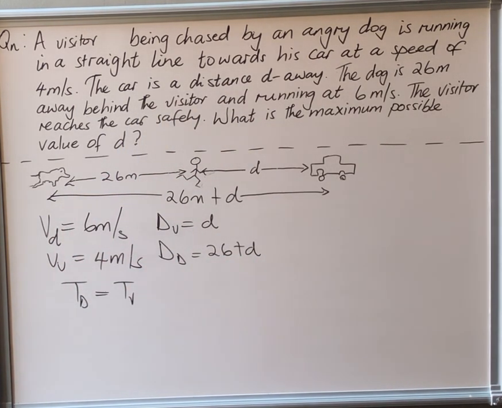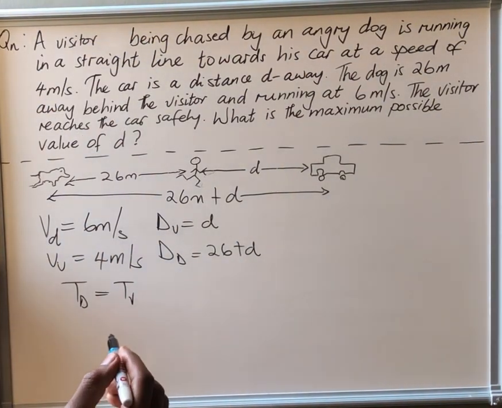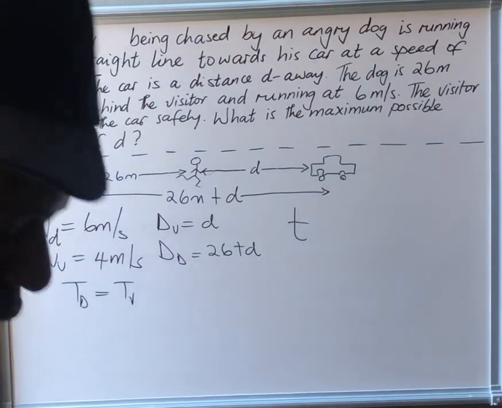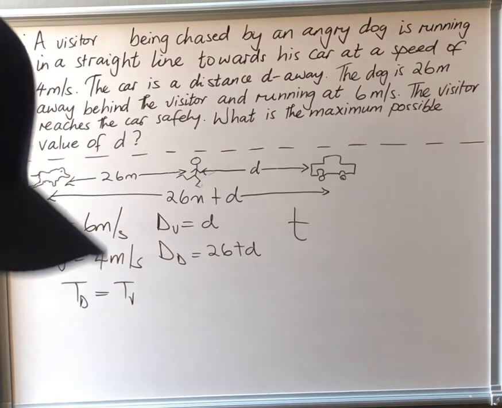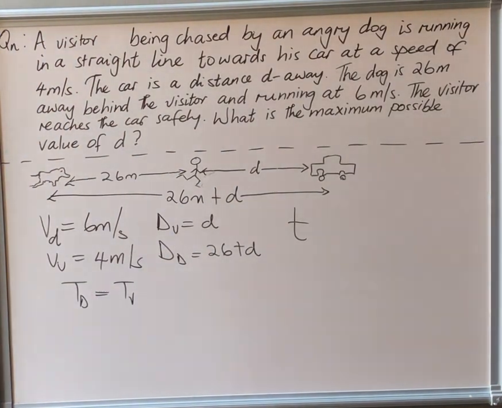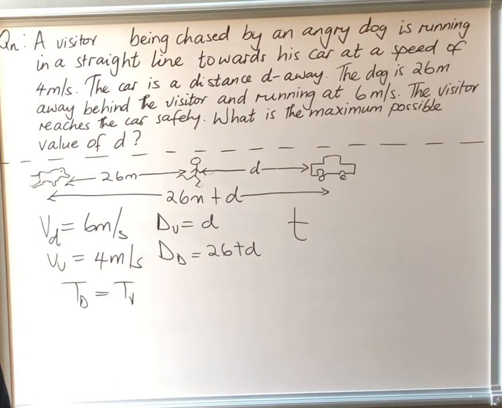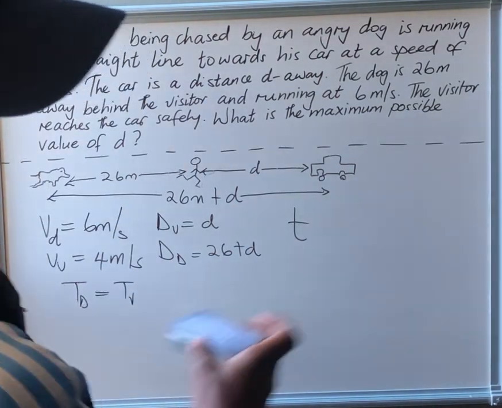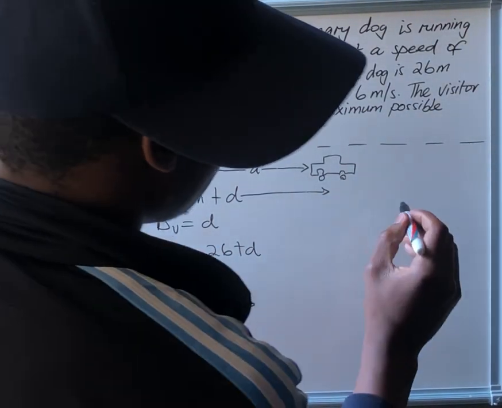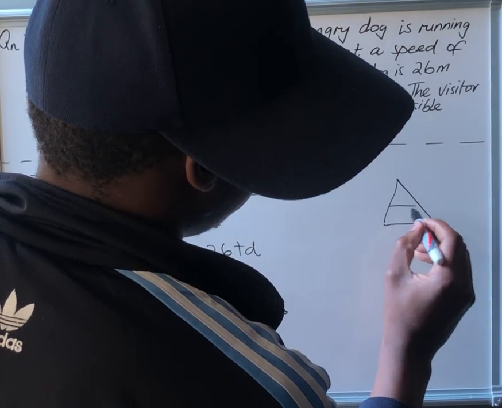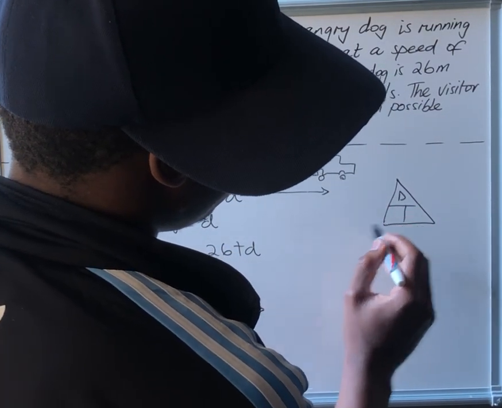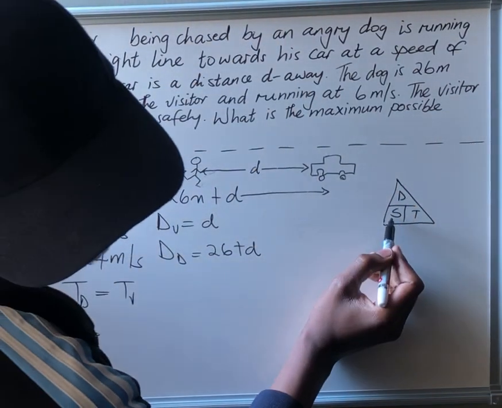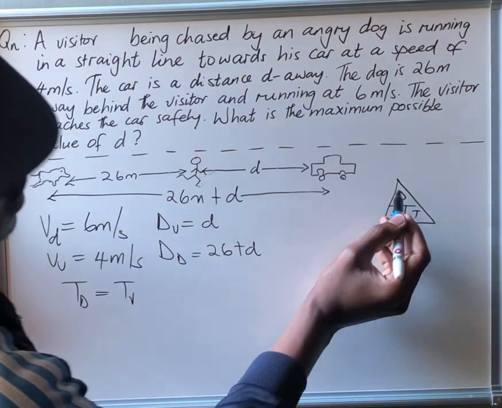Using the simple equations we were taught back in high school, we have a triangle like this, where you have D, S, then T. Distance is equal to speed times time.